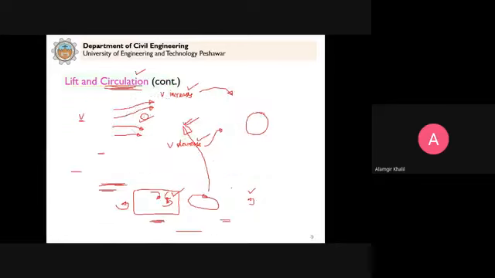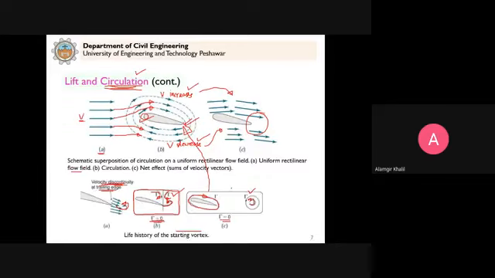So now we try to understand the mechanics behind where this circulation comes from. And remember, this circulation will be on the body as the body moves. For example, this can be the wing of an aeroplane.